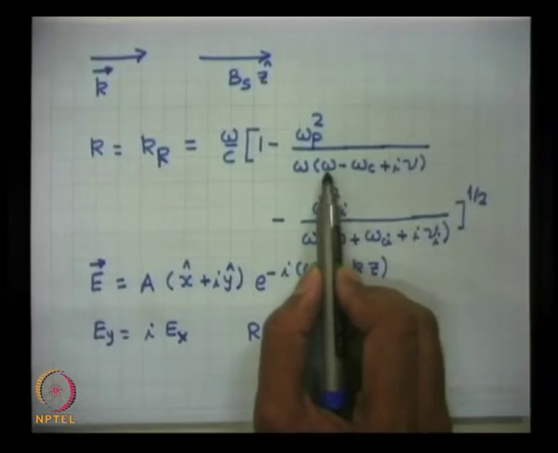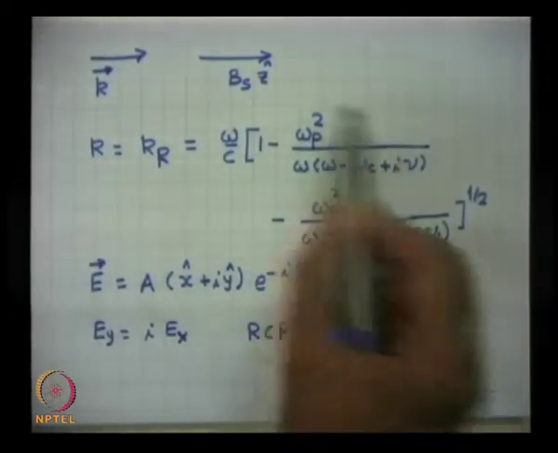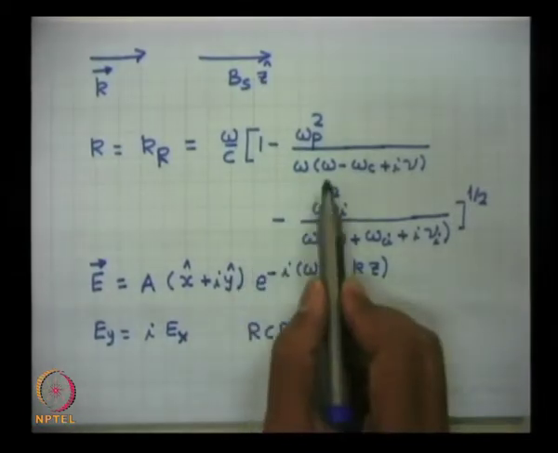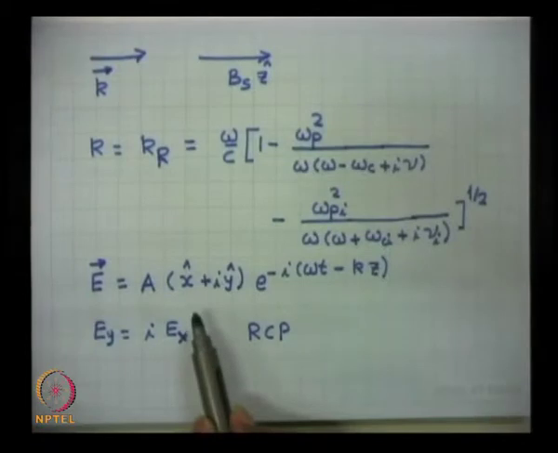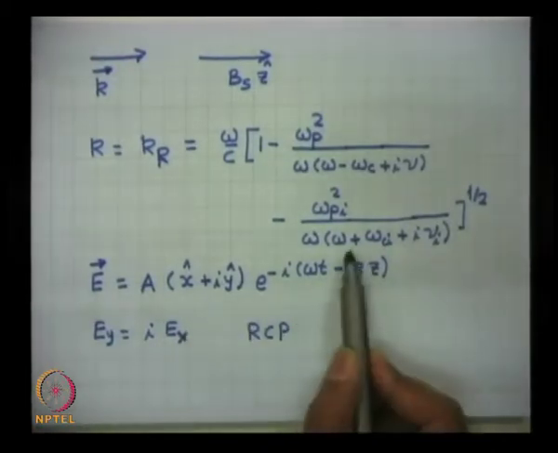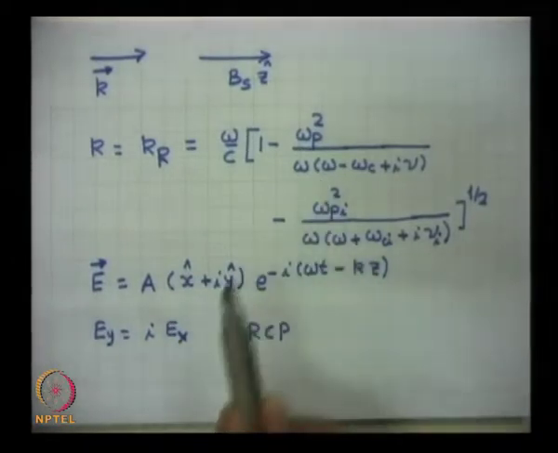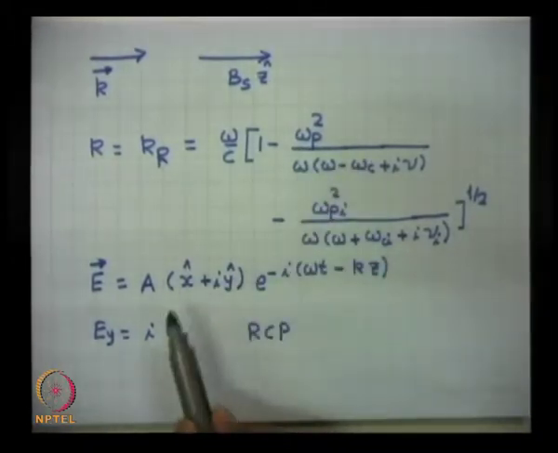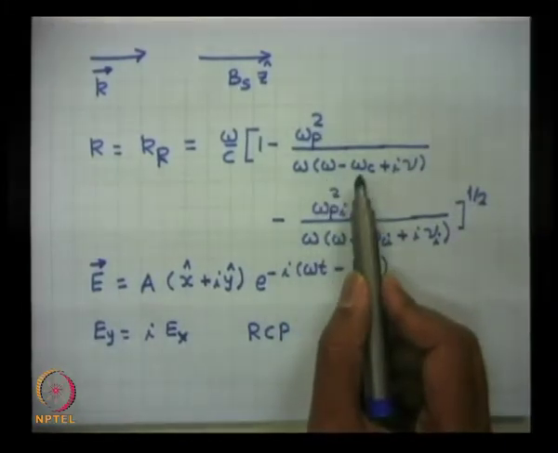For omega bigger than omega c, this term is negative, but when omega becomes less than omega c, this term becomes positive if I ignore nu. There is no reversal of sign in the case of the ion response, but the electron response certainly shows a change of sign. And in the vicinity of omega equal to omega c, one would expect kr to be very large.